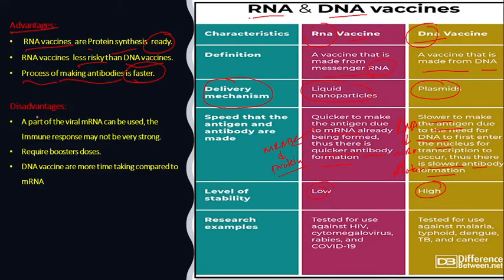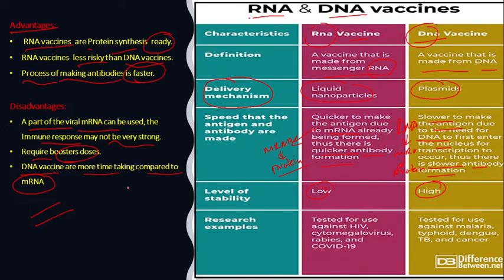But there are several disadvantages, that only a part of the mRNA is used. So there might be situations where the immune response is not very strong, and therefore we require booster doses. And additionally, DNA vaccines take more time compared to the mRNA based vaccine.